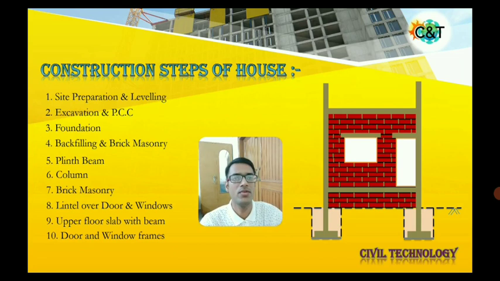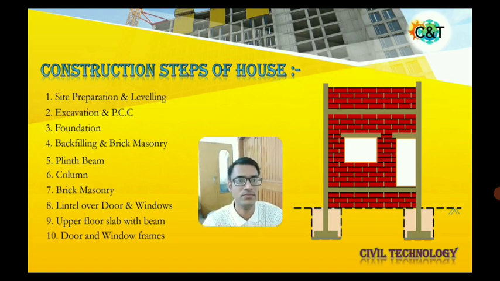Okay. So once the beams and slab are constructed at the first floor level, you have to construct a wall up to the terrace level. So this is a wall up to the terrace level. Then you have to construct a terrace beam and slab according to the structural engineering drawing.